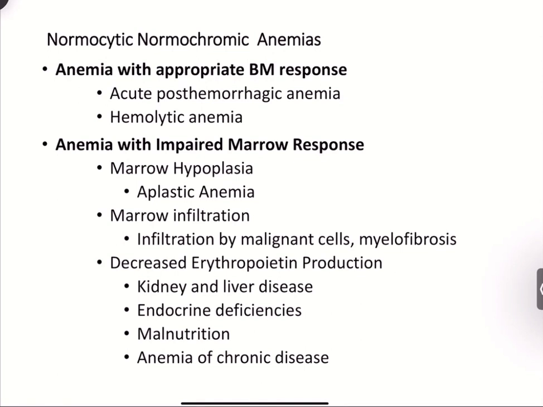After the hemorrhage, your body is trying to compensate for the loss, so it will have a normocytic type of anemia, normocytic normochromic. Same goes with hemolytic anemia. The bone marrow response is still normal.